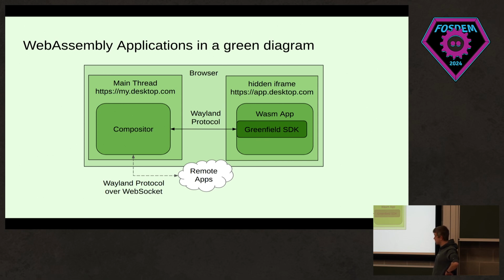Works fine, works great. And next to it, we have transparently also the remote applications that are running. For the Greenfield compositor, both applications are just your ordinary Greenfield applications. It sees no difference, with the small remark that the way file descriptors are handled on the protocol is a bit different.